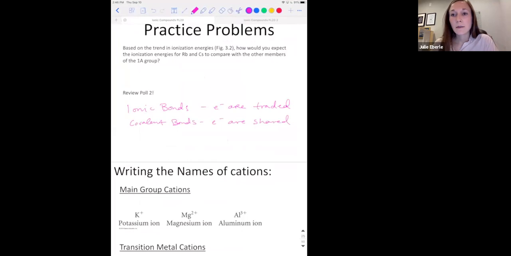Now, somebody asked at the end of lecture, I don't remember if it was the AM or the PM group, what about group number 4? Because one of the things we talked about on Tuesday was that certain groups on the periodic table are very predictable. And if we understand the octet rule, we can predict what charge each element will have as an ion. However, we did not really talk about group 4 here, because how many valence electrons does group 4 have? They have 4, okay? So do they want to gain 4 to get the octet, or do they want to lose 4?